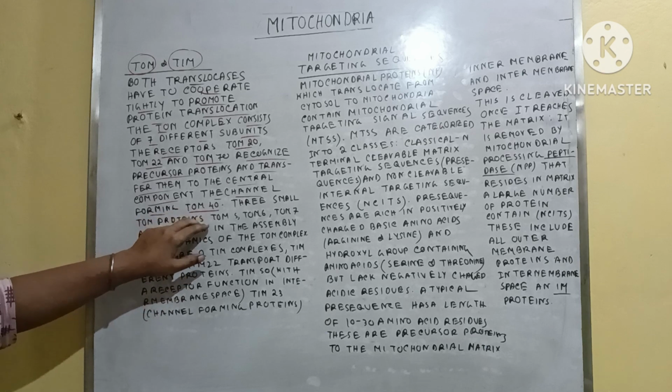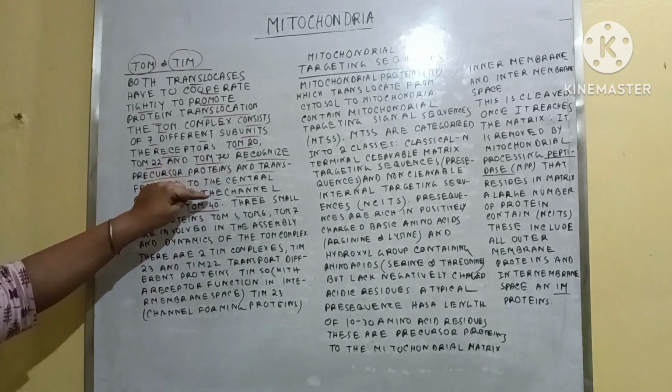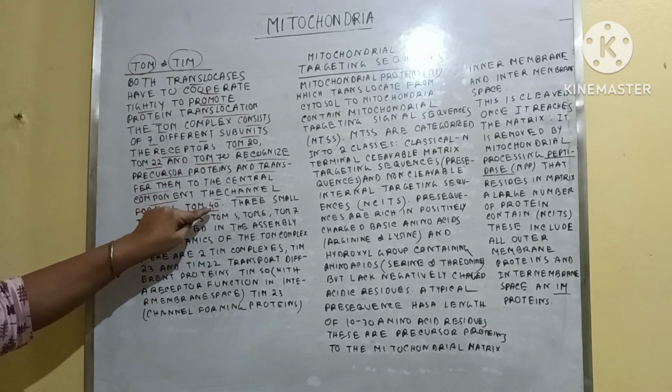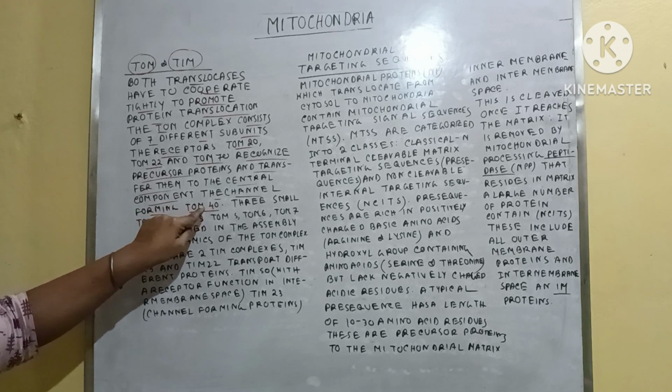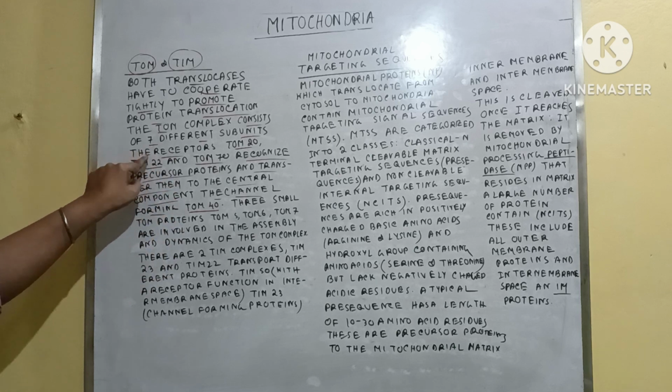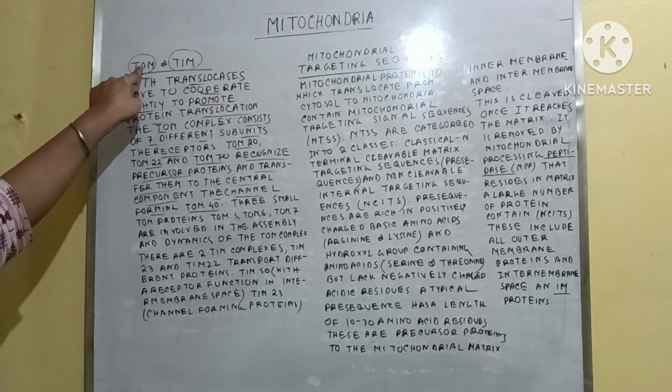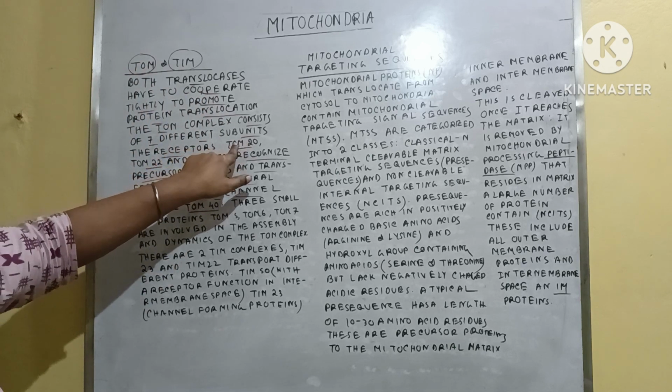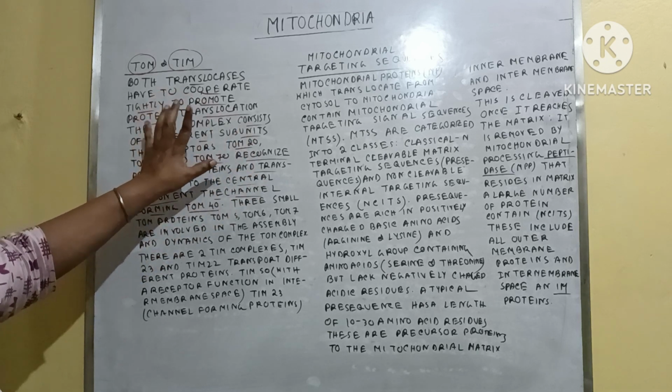So what is being said here is that the channel forming protein is TOM40, the mitochondrial channel forming protein. The TOM complex contains 7 subunits.